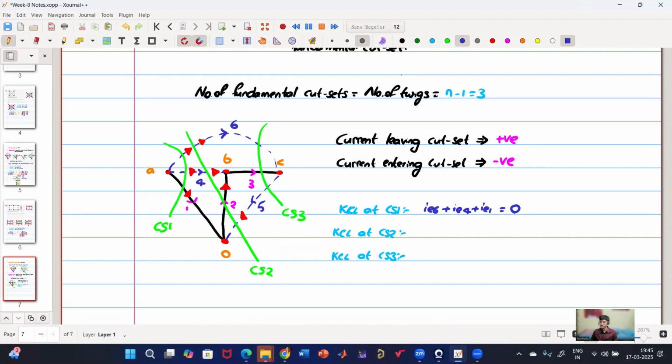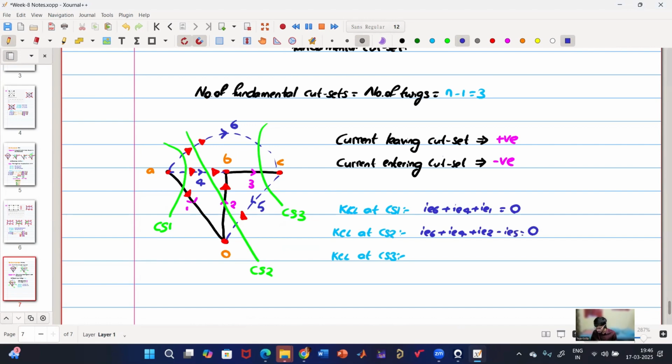IE6 plus IE4 plus IE2 minus IE5 equal to 0.